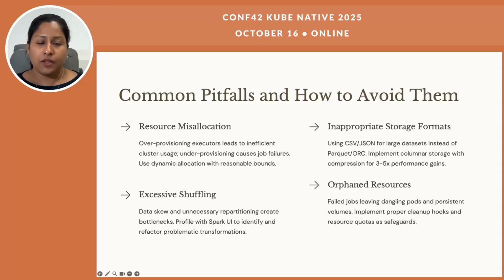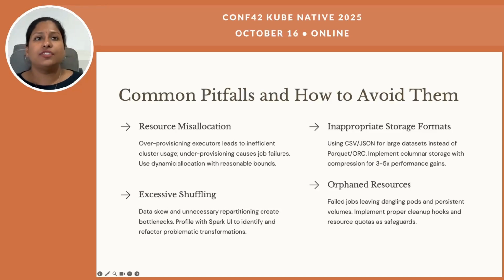Excessive shuffling, often skew or unnecessary repartition. Use Spark UI and stage metrics to pinpoint hot keys, salt, or pre-aggregate. Wrong formats: switch large datasets from CSV or JSON to Parquet or ORC for 3 to 5 times the gains through columnar storage and compression.